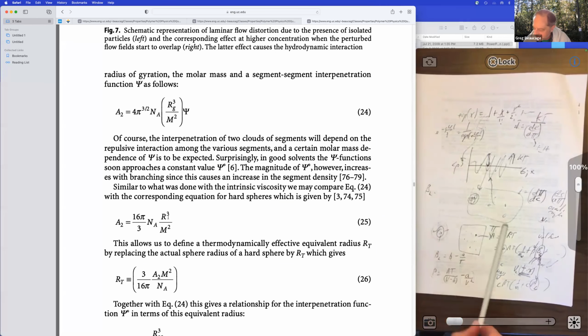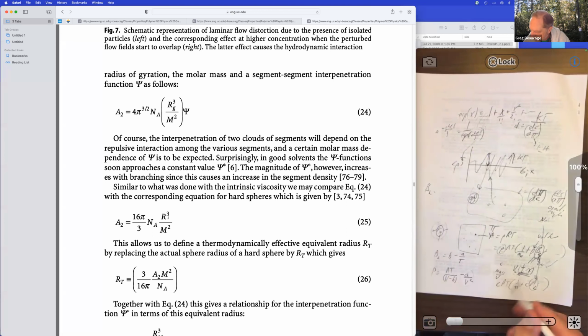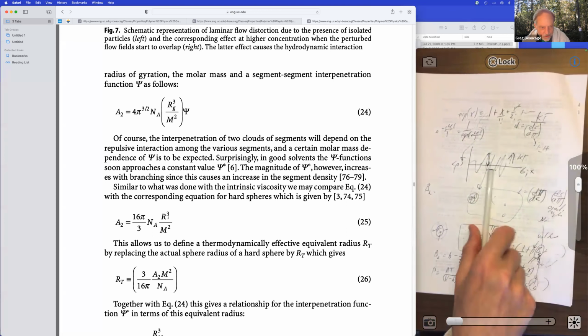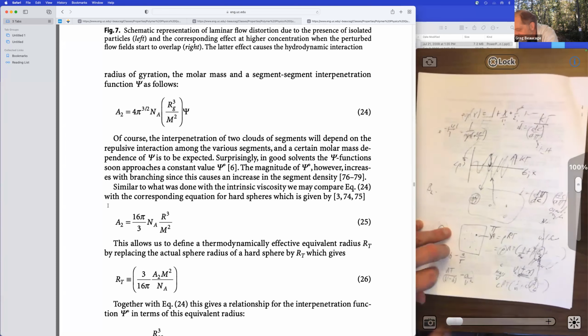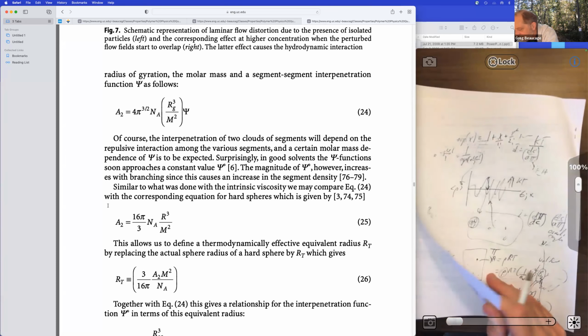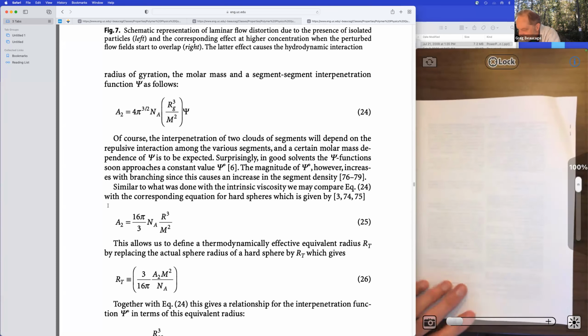When you convert it to mass fraction, because it's going to be mass squared here, you end up with mass squared here. So the second virial coefficient is times mass squared per volume. So you end up with a mass squared here also to correct the B2 to get A2. So the m squared term is coming because A2 is in a mass fraction, not in a volume fraction.